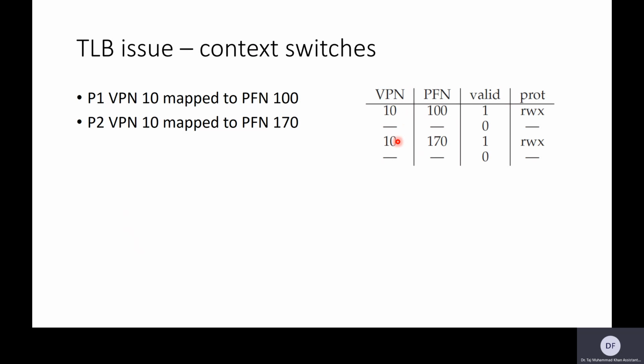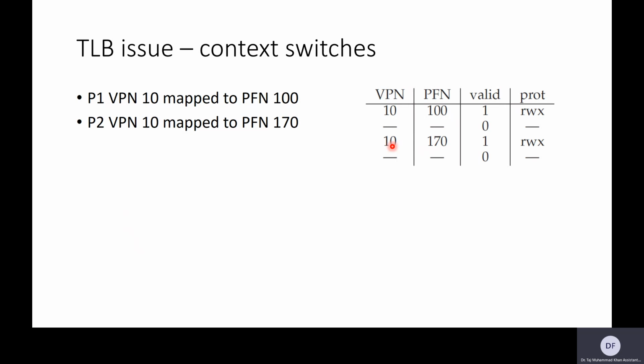It goes to RAM, accesses its page table, gets the page frame number, updates the TLB, and then accesses the physical address obtained from converting the virtual address. So for every context switch, we invalidate all the TLB entries, and the next process that starts running will have a lot of initial TLB misses. But at least its execution will be correct. It will not be confused by this kind of situation.